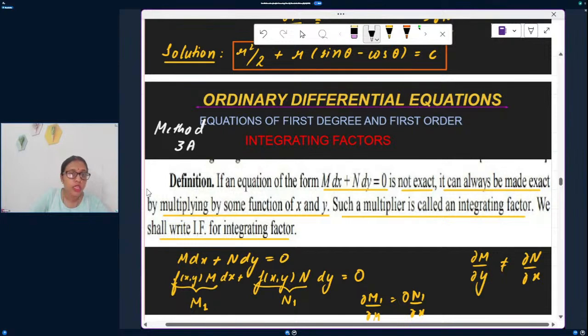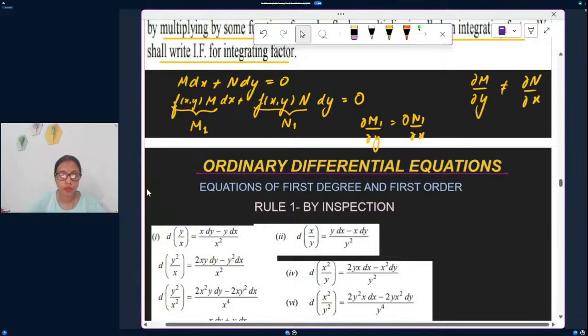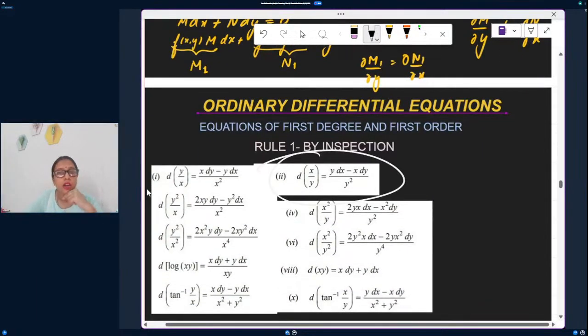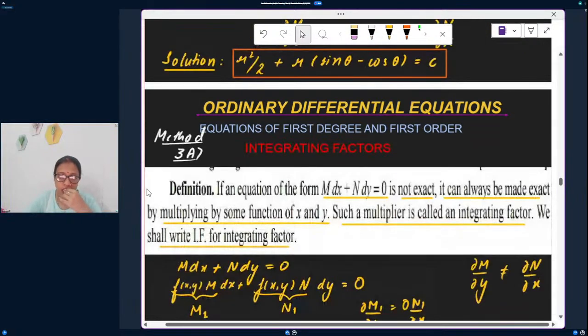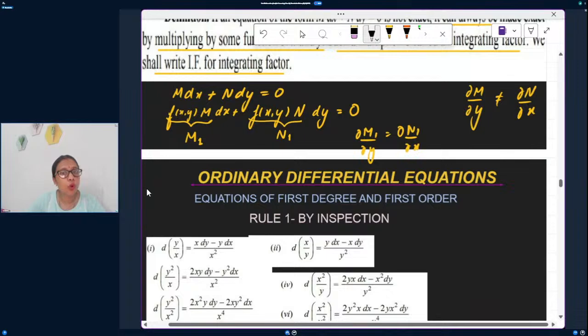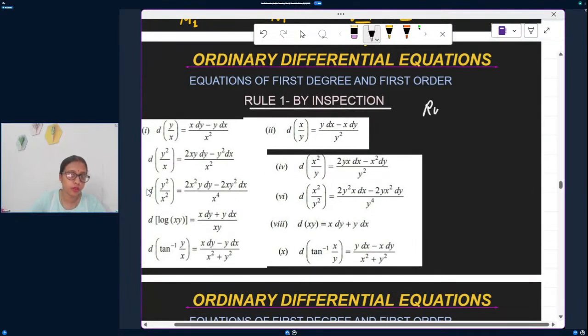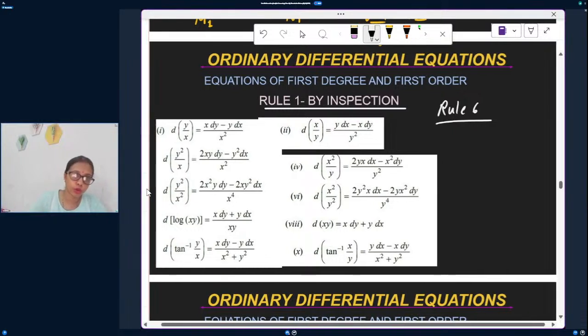So now this part is, I can say, the starting of the method 3a part, where the given equations are not exact but we are trying to make them exact. While we are trying to make it exact, I need to find a function f such that if I multiply f, then I'll get the exact differential equation, right? But to find that function f, we have 6 rules, in which the first rule I want to always keep as the sixth rule, because this is the last thing I want to apply.